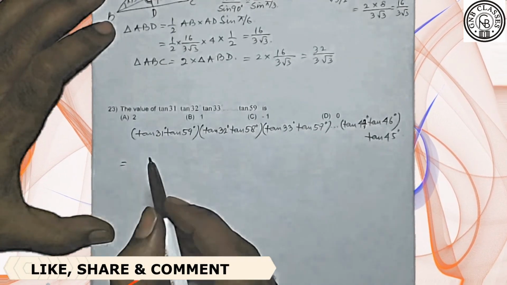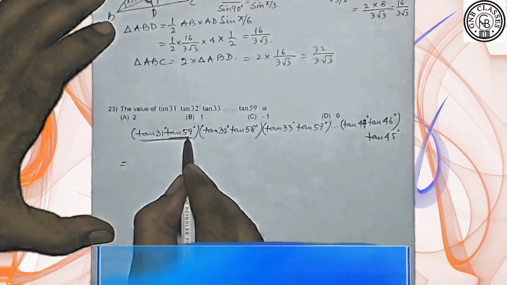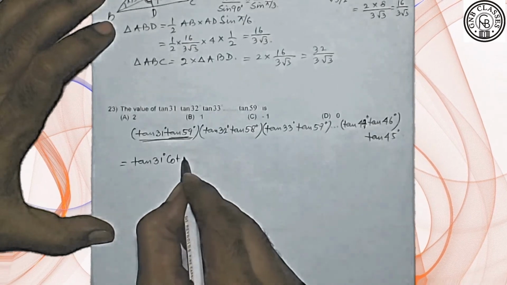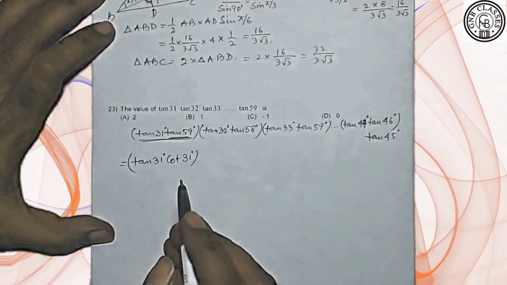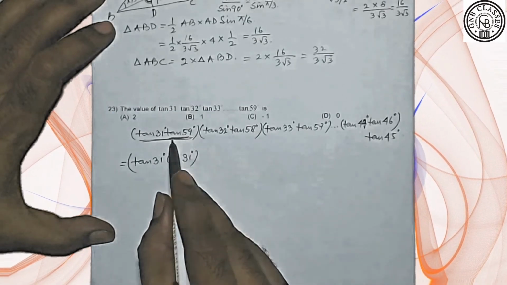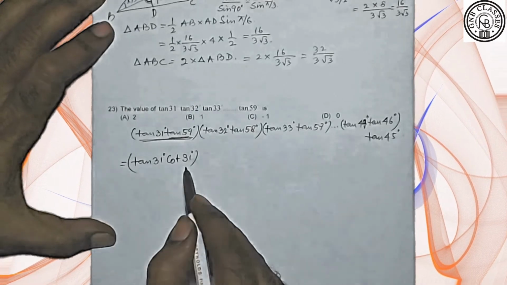Now you observe carefully, tan 31 into tan 59. Tan 59 degrees can be written as cot 31 degrees, correct? Because tan 90 minus theta is cot theta. Tan 59 can be written as tan of 90 minus 31 degrees, which will give you cot 31 degrees.